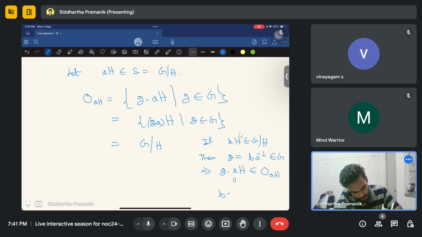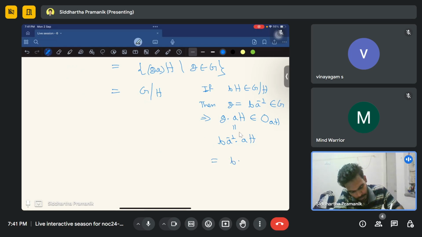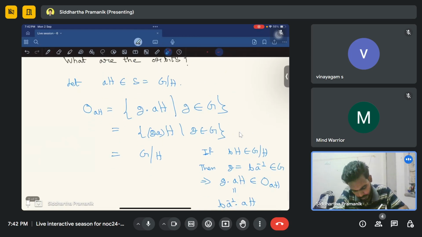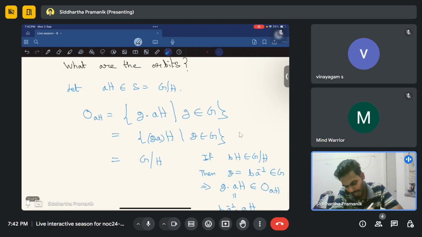This is b a inverse dot aH, which is the same as b a inverse a of H, and this is the same as bH. So this implies bH is in the orbit of aH. So G mod H is a subset of the orbit of aH. So the orbit is the whole set. No matter what your left coset is, the orbit is the whole set. So that means this has only one orbit.